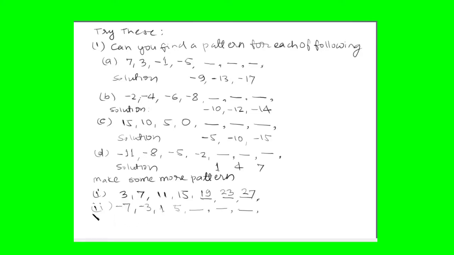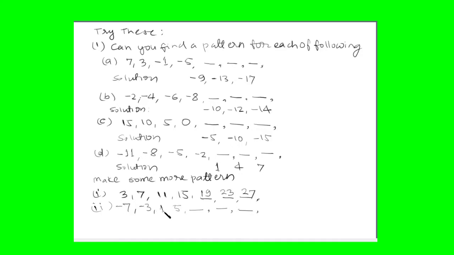The second pattern we have made is -7, -3, 1 and 5. When we add 4 to -7, we get -3. When we add 4 to -3, we get 1.